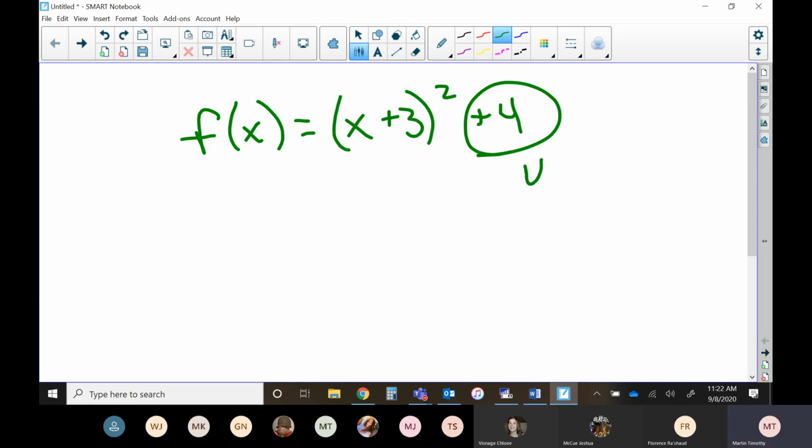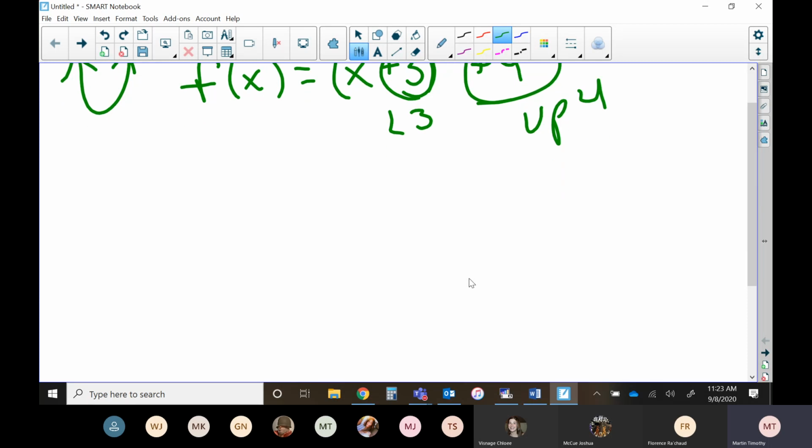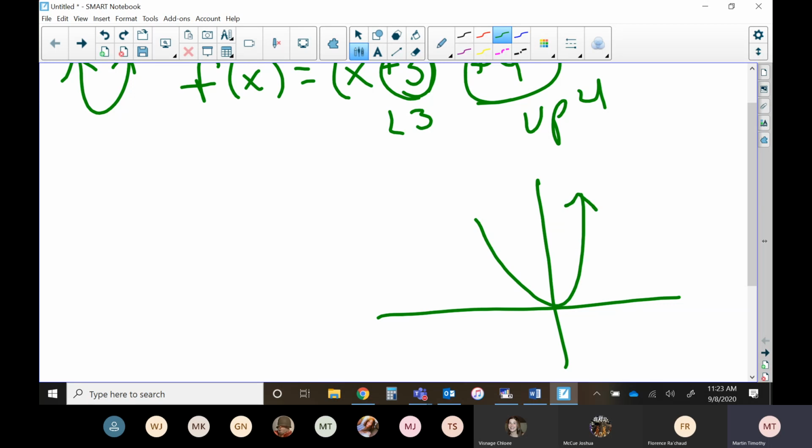So I know it's going to move up 4. I know that it's because it's x squared. I know my shape is going to be a shape of a U. And what else do I know? It's going to go left 3. All this before I even did anything. I told you before you graphed it, you should have an idea. That means that I know my original parent function looked like this. Do you follow me? Yes or no?